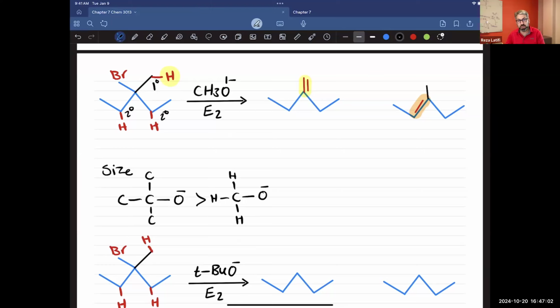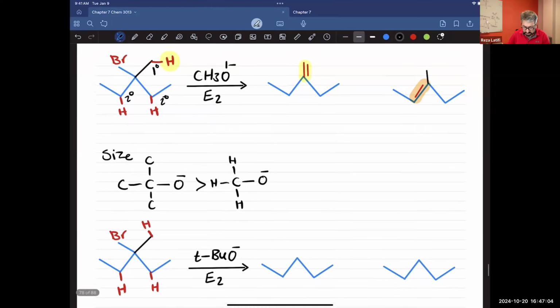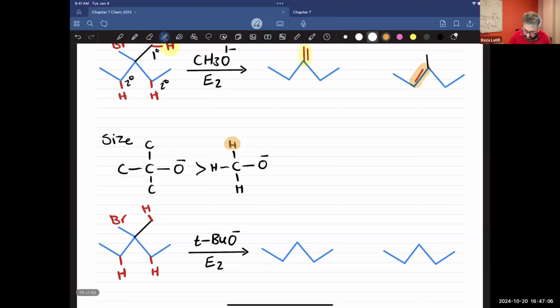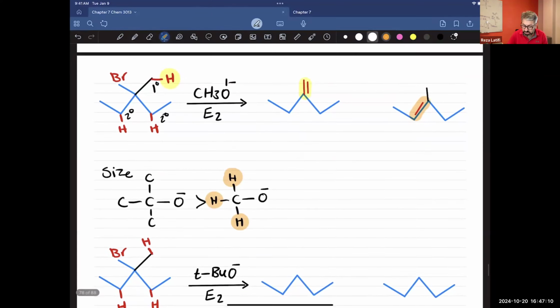Now, if you make the base bulkier, so for example, instead of using hydrogens for the methoxide group, I'm going to replace them with methyl. And remember, methyls are bulkier than hydrogen because it's a carbon attached to 3 hydrogens.